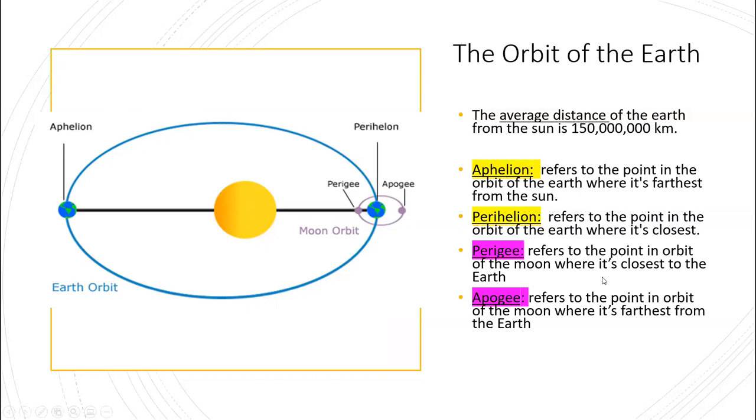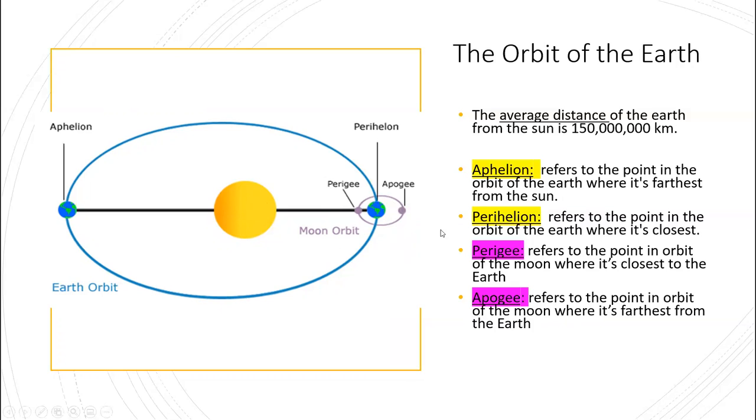And the moon has the same type of orbit as the Earth has around the sun, except that the moon is around the Earth, of course. The perigee is when the moon is at its closest to the Earth, and the apogee is when it's actually the furthest from the Earth.